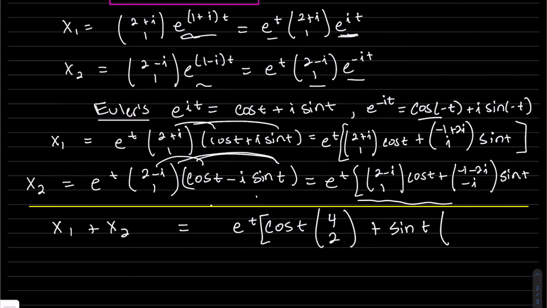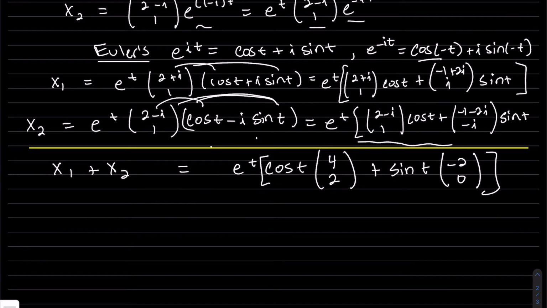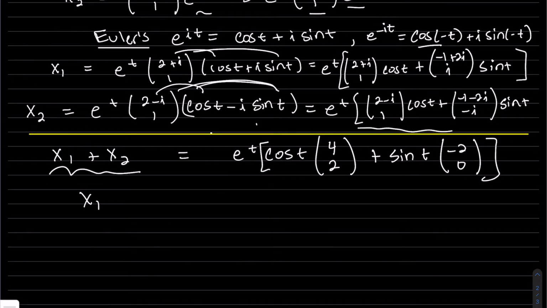What happens here? It's minus 2, 0. And I'm basically going to call this, remember this is also a solution, so we'll call this my first solution, x1 star. I'm going to take half of that, just to clear out those even numbers.